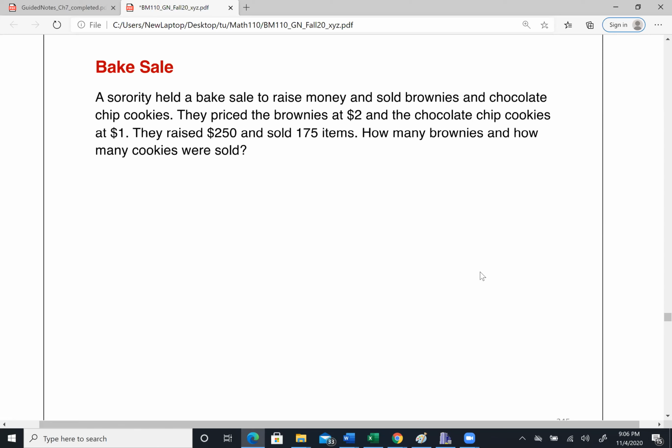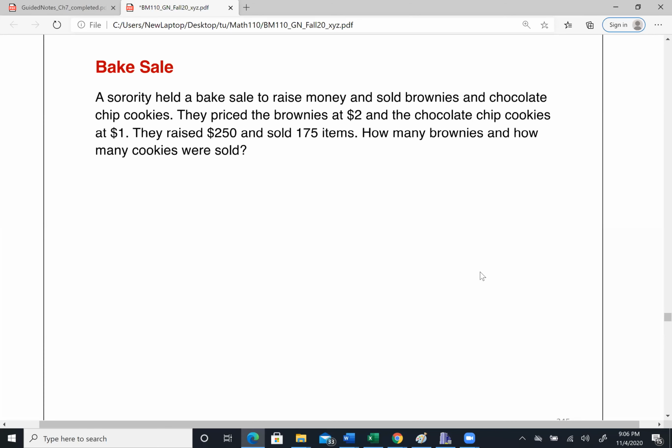They priced the brownies at $2 and the chocolate chip cookies at $1. They raised $250 and sold 175 items. How many brownies and how many cookies were sold?